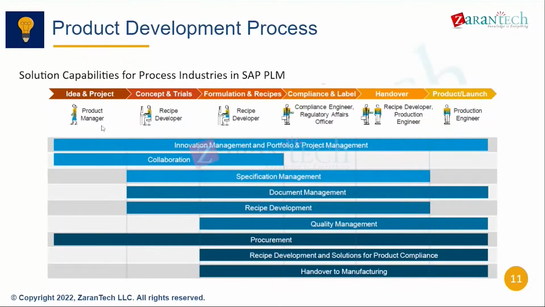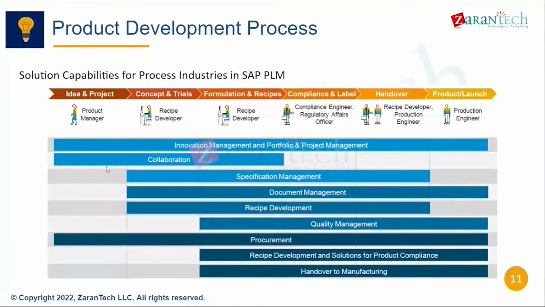You can see that innovation management and portfolio project management are involved from start to end because they need to track a product which is going to be handed over for manufacturing, from the idea to product launch.